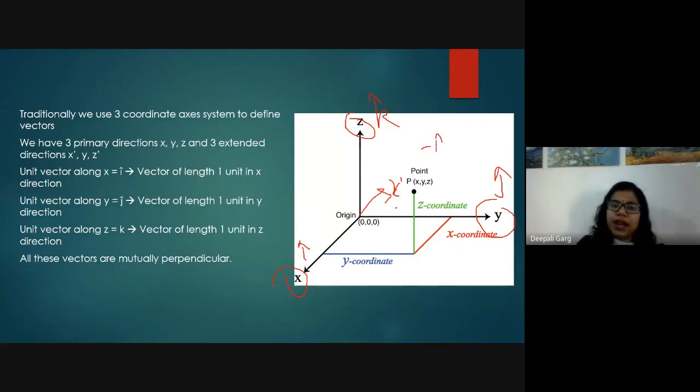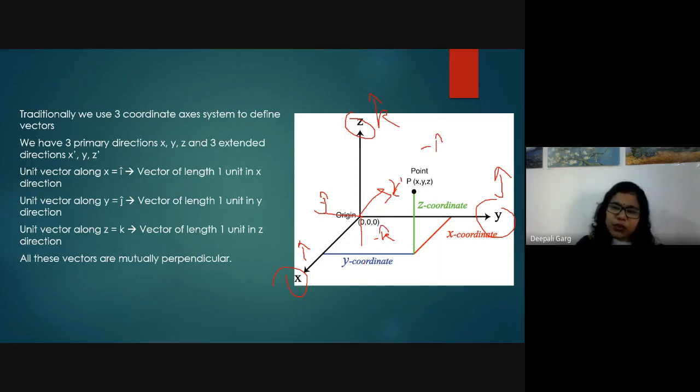We have 3 primary directions x, y, z, and 3 extended directions minus x, minus y, and minus z. For x we have i cap, for y we have j cap, for z we have k cap, and for x prime we have minus i cap, for y prime minus j cap, and for z prime minus k cap.